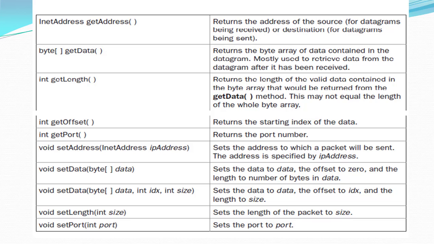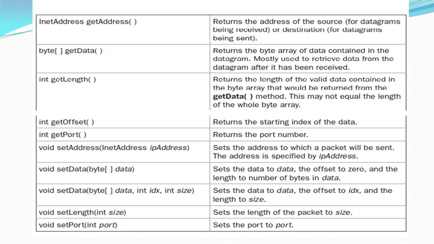Next method, int getLength, returns the length of the valid data contained in the byte array that would be returned from the getData method.